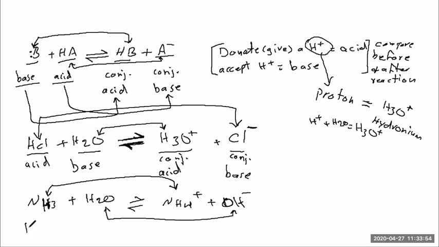NH3 accepts, so it will be base. H2O, OH minus gives the proton, so it will be acid here. NH4 is the conjugate acid, OH negative is the conjugate base. Okay, see here some other examples.